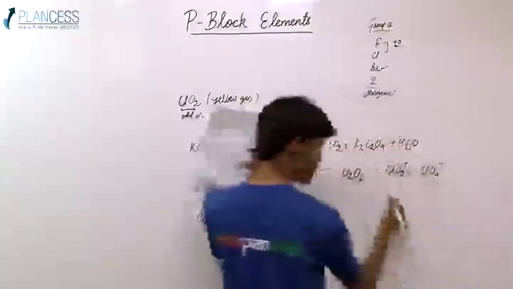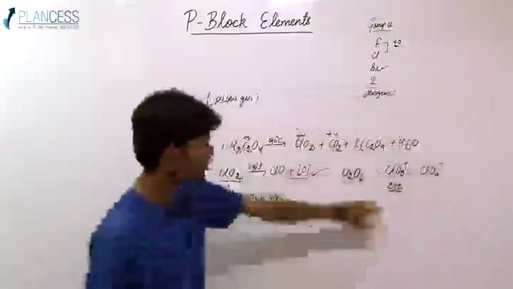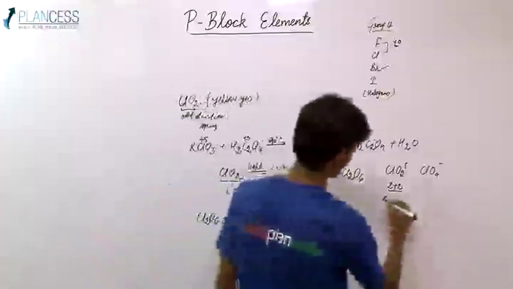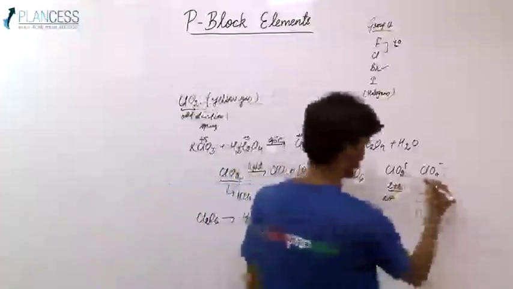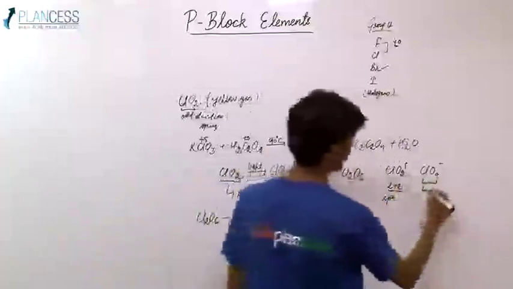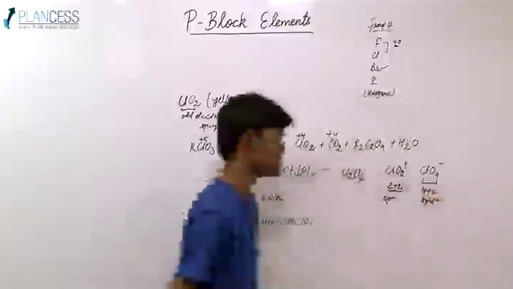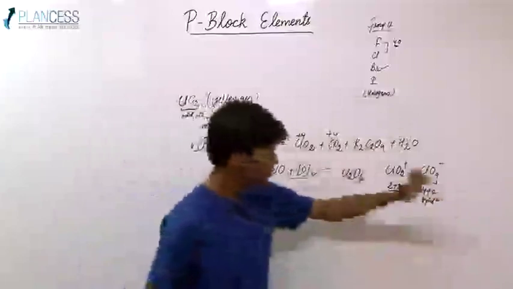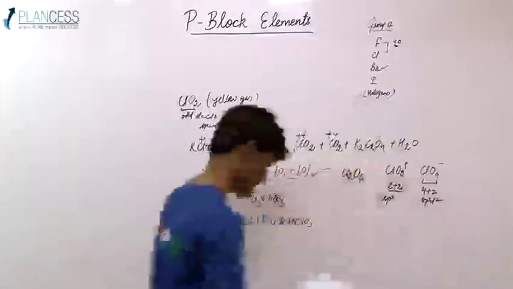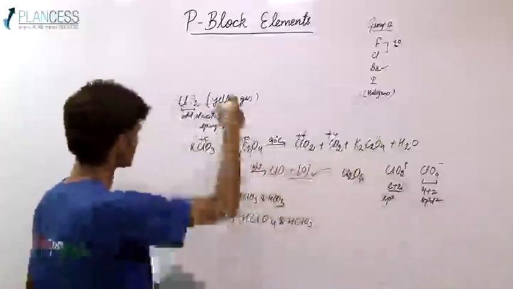So ClO2 plus has 2 bond pairs and 2 lone pairs, sp3 hybridization, bent or V-shaped, and ClO4 minus here is 4 bond pairs and 2 lone pairs, sp3d2 hybridization, and square planar in structure. So this was all about the properties of ClO2.